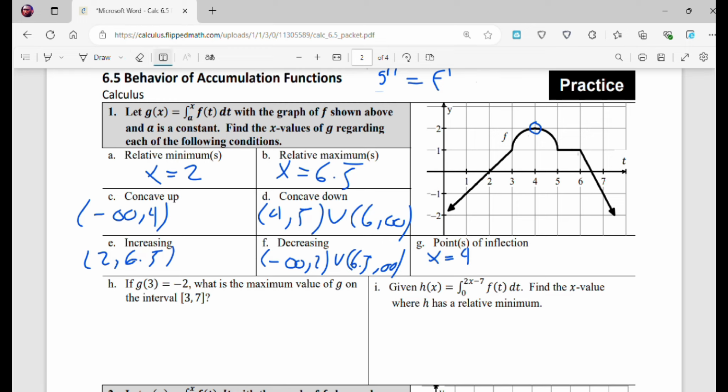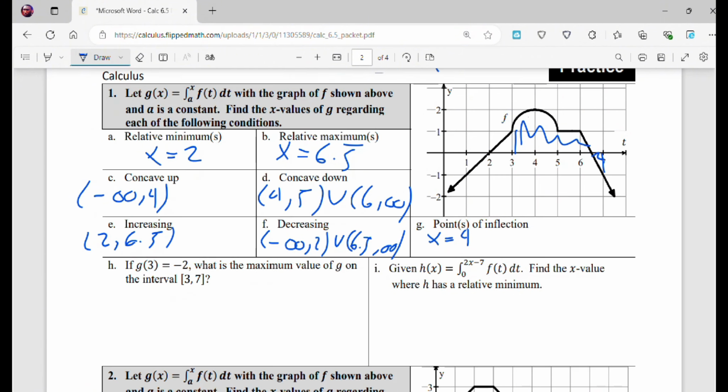From 3 to 7 is right here to here. So we have a positive area under the curve, and then we have negative area. But since we're asked what's the maximum value, we're going to stop at 6.5 because we don't want to include negative area. That would bring our value down.